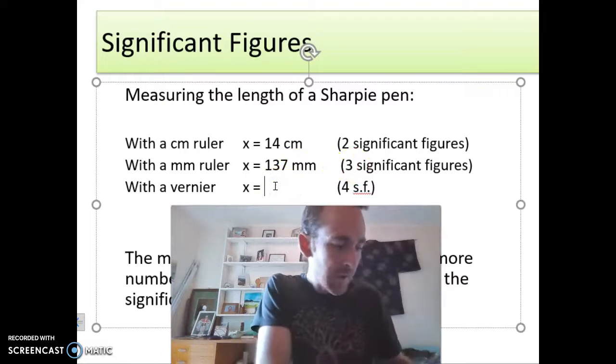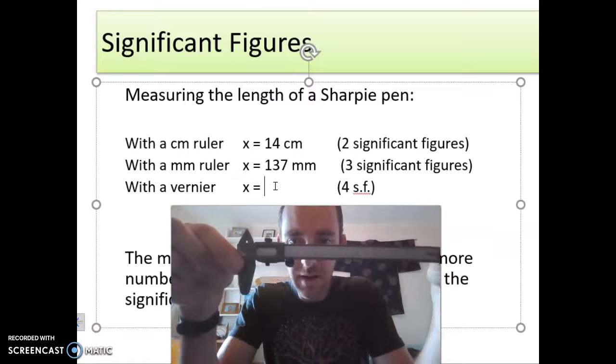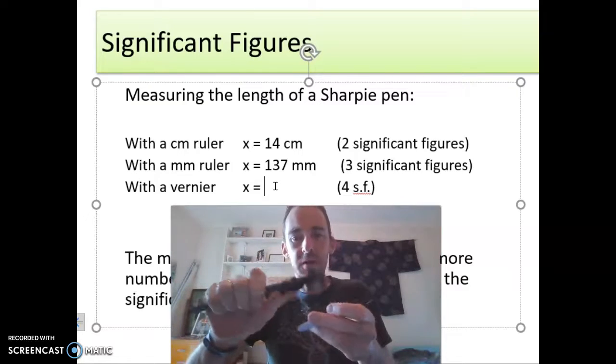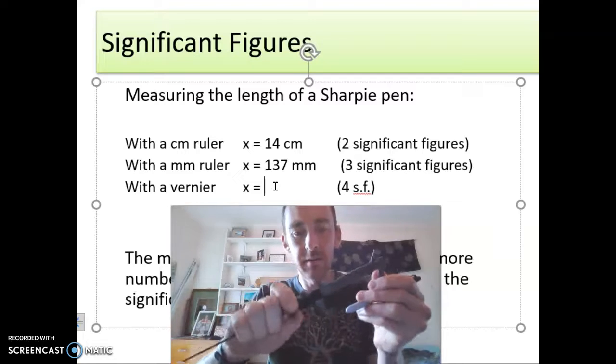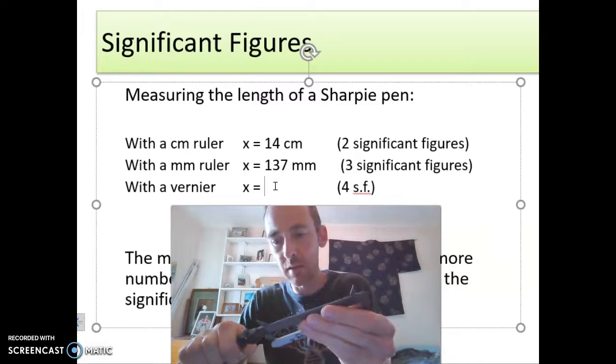And if I used an even more accurate measuring device, this here is a vernier caliper. Measure the Sharpie pen again. Now this thing can measure accurately to 1/10 of a millimeter.